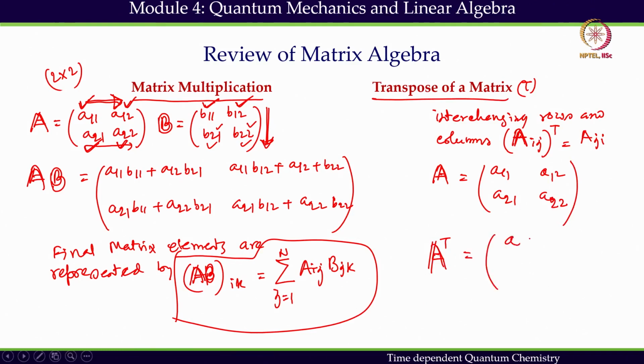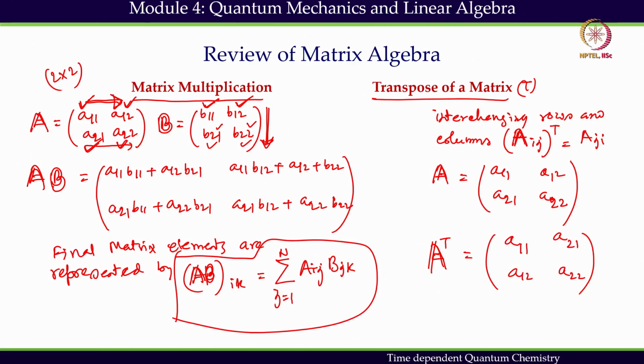I just interchange the row and column. So the diagonal remains the same, but the off-diagonal will change: this is going to be A21, and this is going to be A12, and this is A22. That is called the transpose of a matrix.